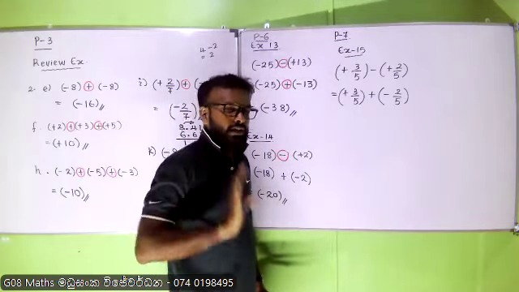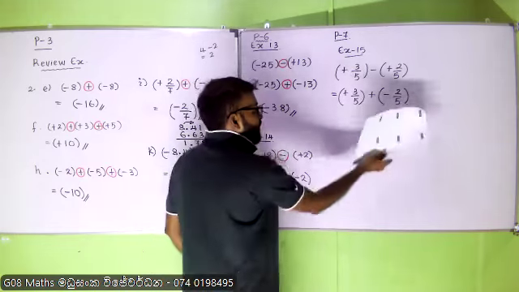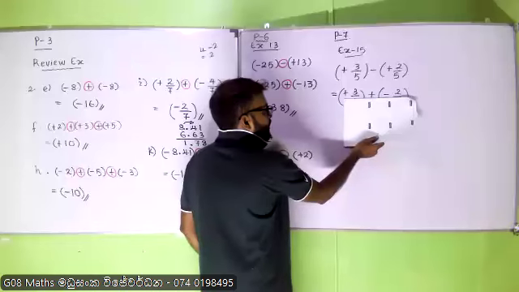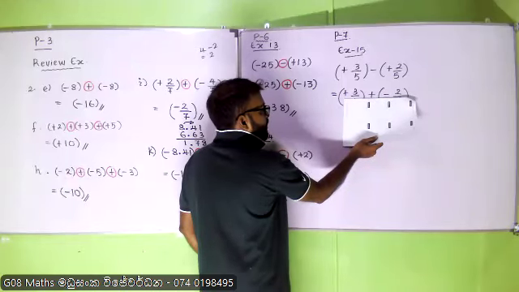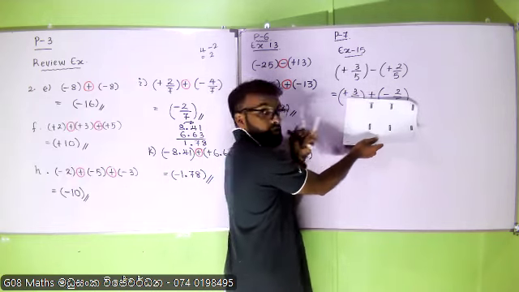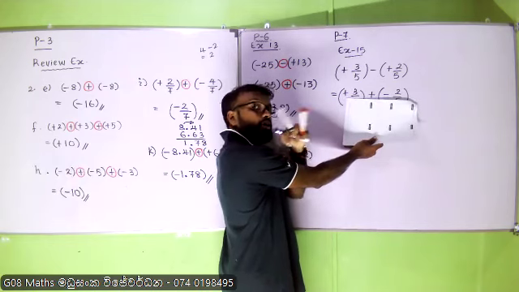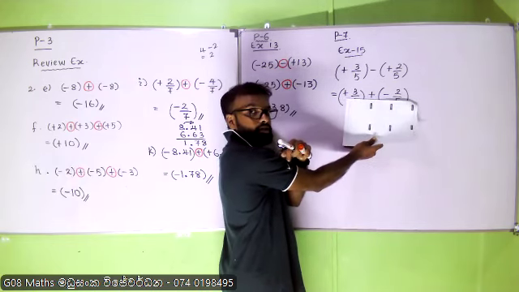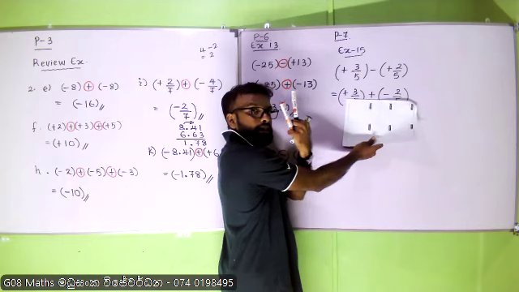For a moment, forget the denominator. Now in the numerator, you have positive 3 and negative 2. You have to do the addition. Are they the same sign or different signs? Different signs. So you have to follow the 3 steps.